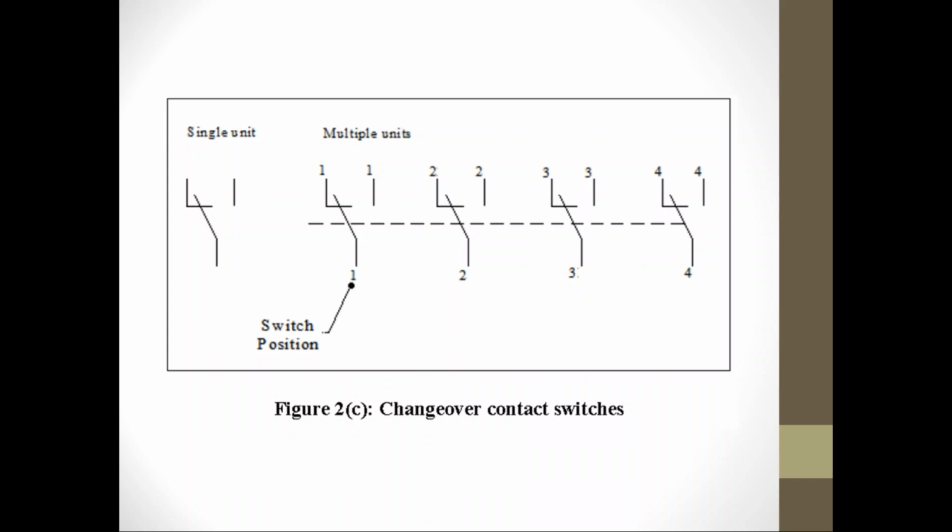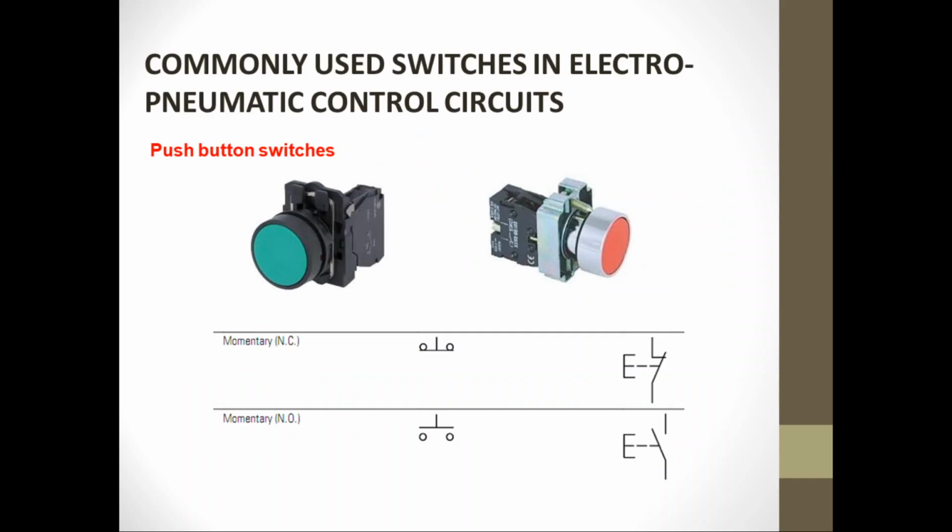Okay, so now some of the commonly used switches in an electropneumatic system are given by. So the first type of commonly used switches in an electro-pneumatic system is given by the push button switches. So when you say push button switches, they are momentary switches.